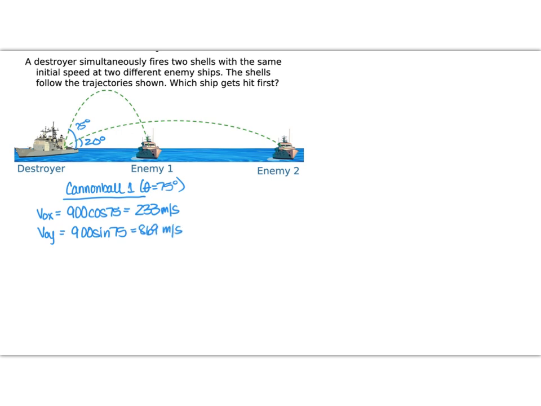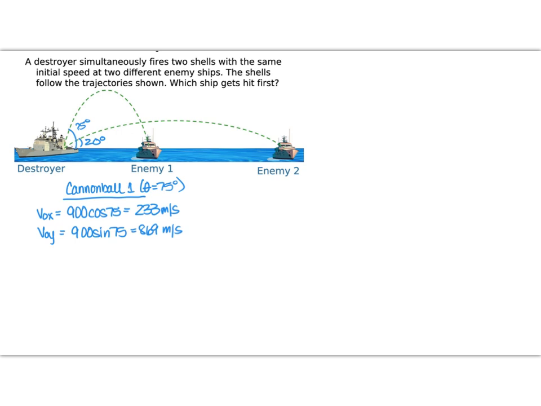The initial x velocity of that one is relatively small. It's 233 meters per second. Its initial y velocity is 869. So you can see it has a lot of velocity initially in the y direction.